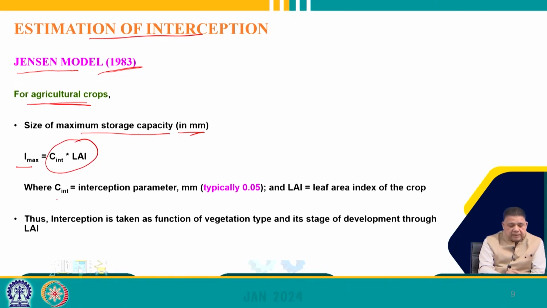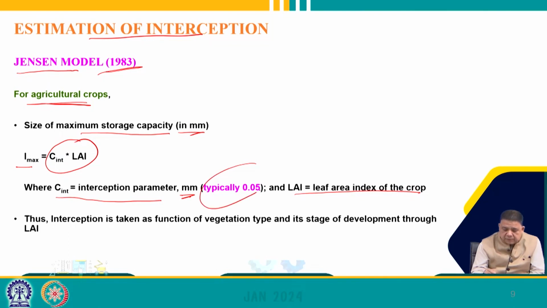Here C int is the interception parameter in millimeters, and LAI is the leaf area index of the crop or the vegetation. It is an agricultural crop, that is why we are defining it in terms of crop, but it can also be used for plants. Typically the value of C int, the interception parameter, is taken as 0.05 for agricultural crops.